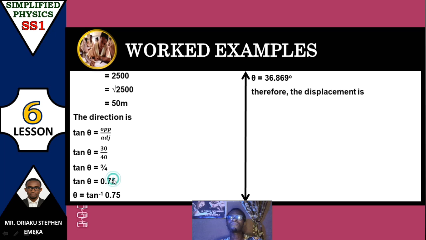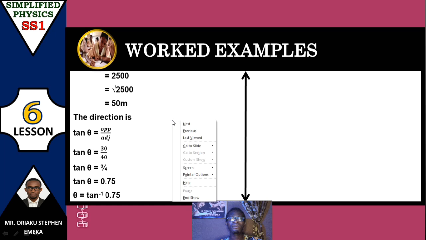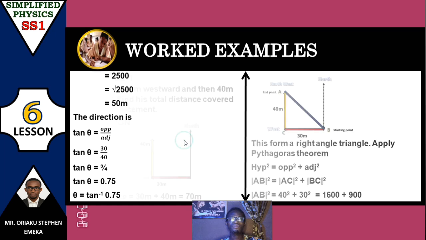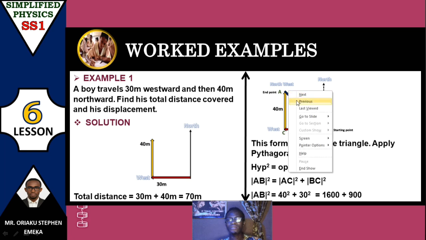This is our direction. So our displacement is a combination of those two, which is 50 meters, 36.87 degrees west. Now if you look at it, let's go to the previous slide, the last view. You see that this displacement was actually northwest, because this is north and it's west. That is the direction.